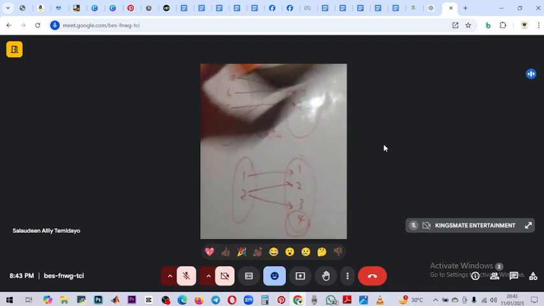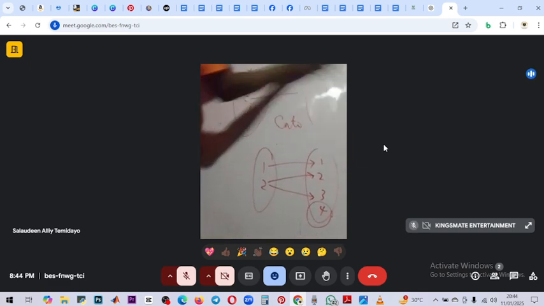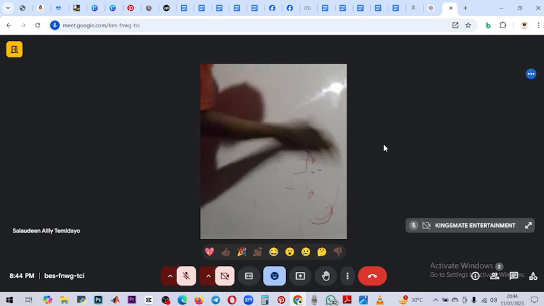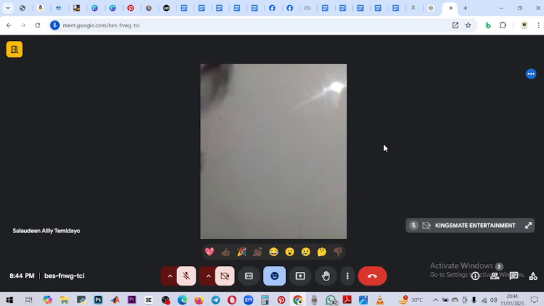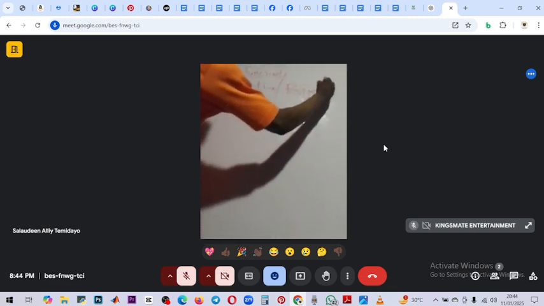Now there is another one that carries the property of a surjective function and also the property of the first one, the injective function. That one is known as the bijection or bijective function. It's said to be bijective.